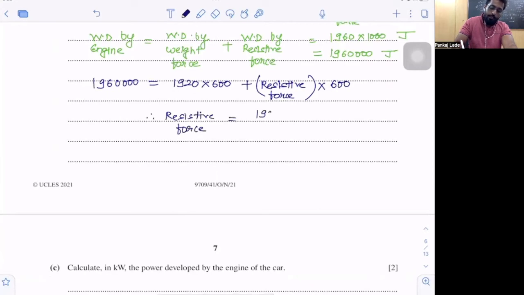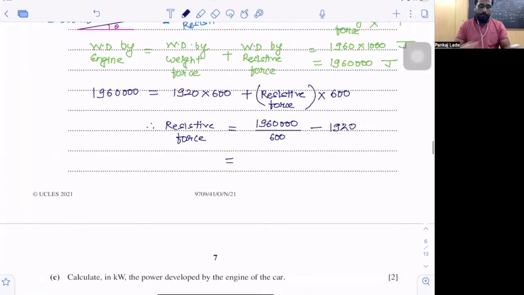So I can simply get the resistive force equal to 1960000 divided by 600, since 600 was taken out common, minus 1920. So I just want to simplify this now. Let's make use of the calculator. We have 1960 and three zeros more, divided by 600.